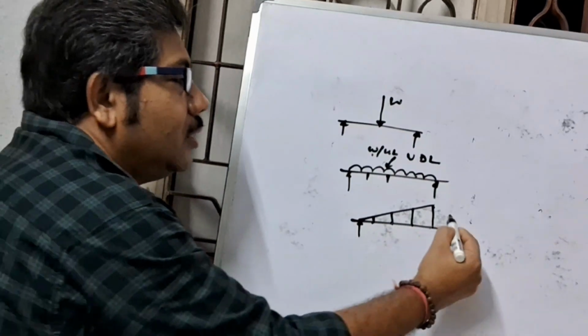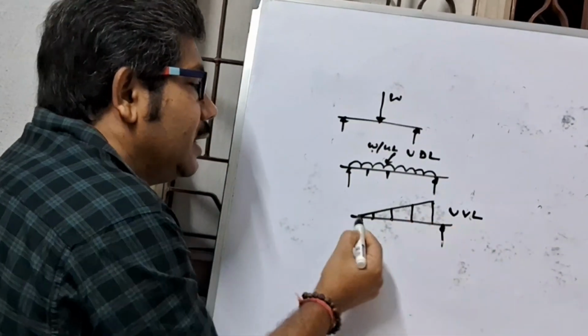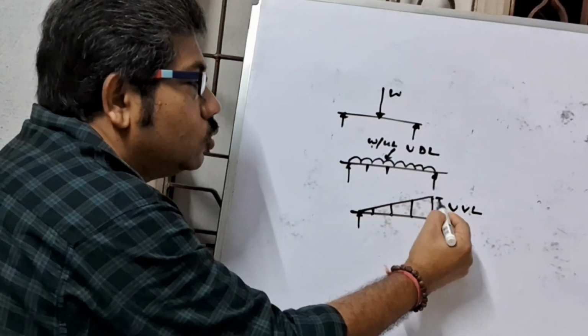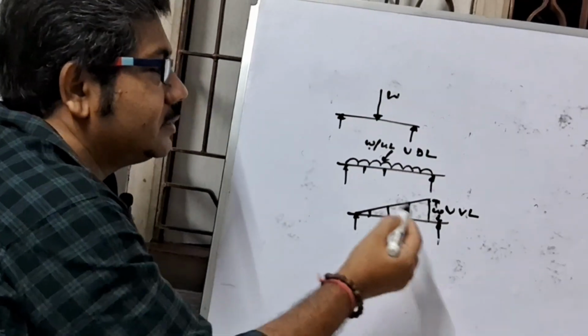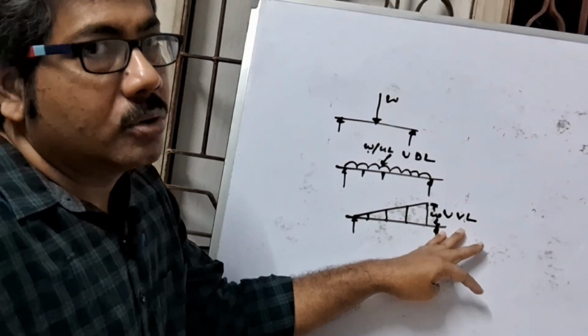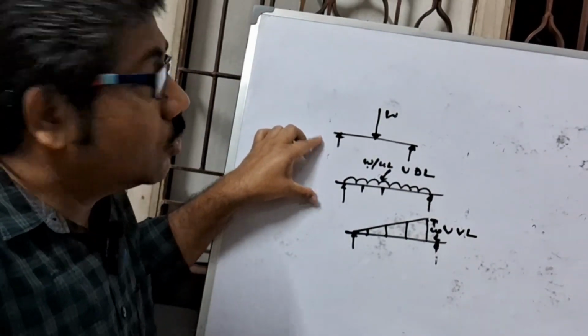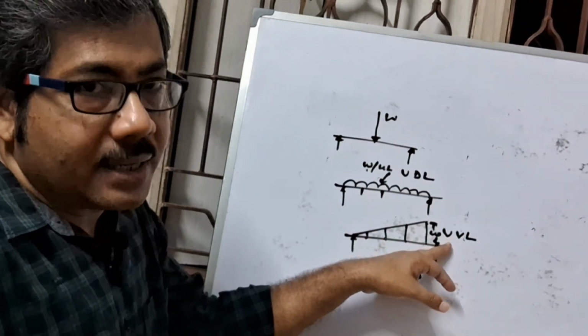This is called uniformly varying load. Here the load varies from 0 to omega. These are the three main types of load: point load, uniformly distributed load, and uniformly varying load.